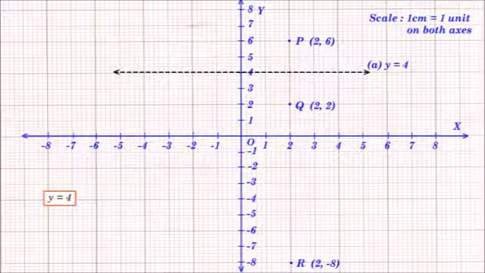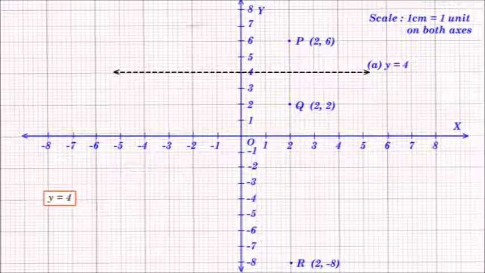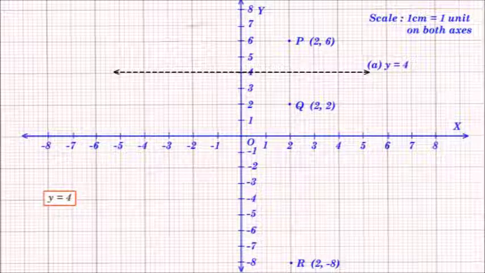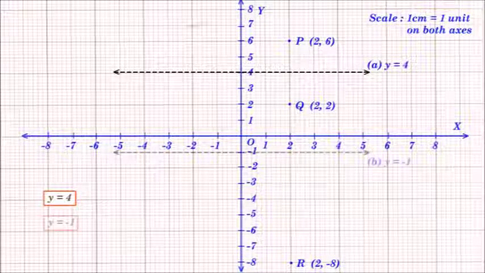There is a difference of 14 units between these 2 points. So take half of 14, that is 7. So the axis of reflection must be at a distance of 7 units from both these points. So we will get the required axis of reflection as y is equal to -1.